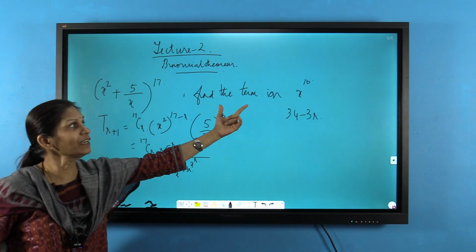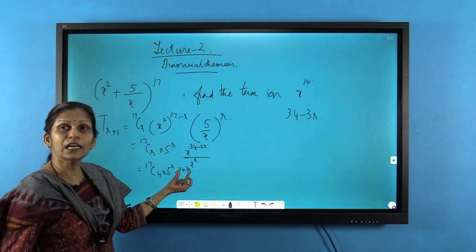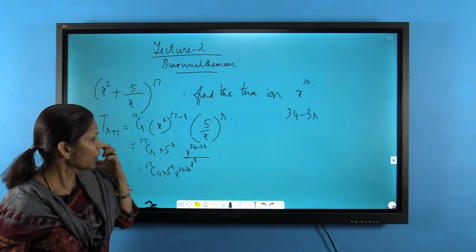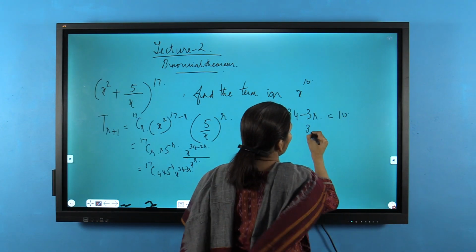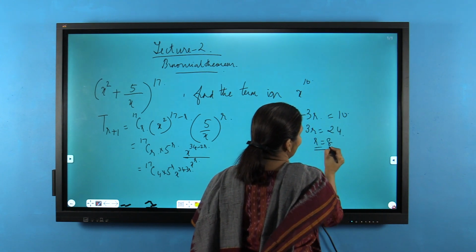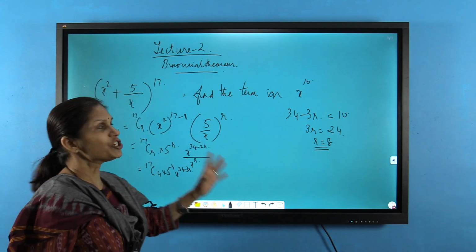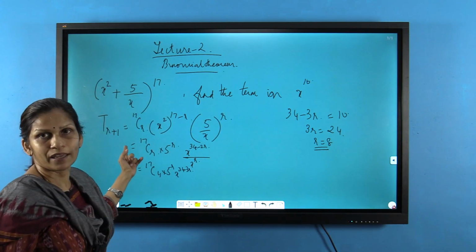You are asked to find the term in x raised to 10. So, what would you have? This 34 minus 3r would be 10, making 3r as 24, r is 8. Since r is 8, which term is the term in x raised to 10? It will be the 9th term.